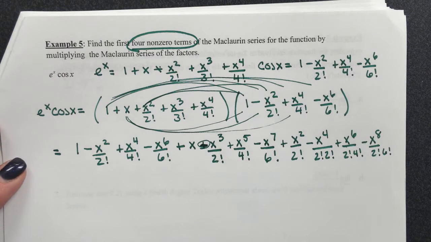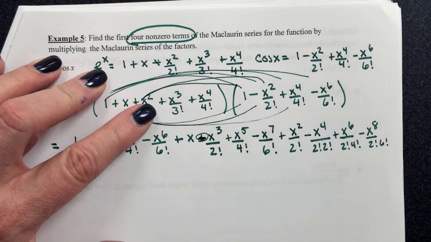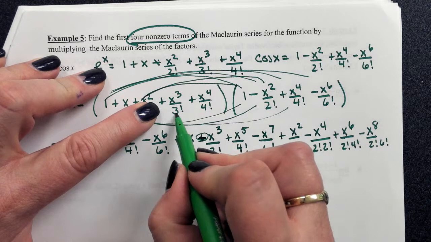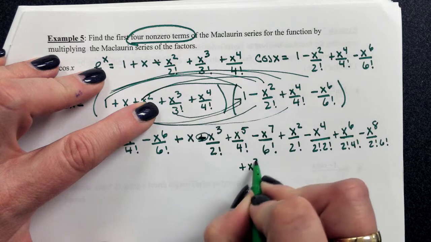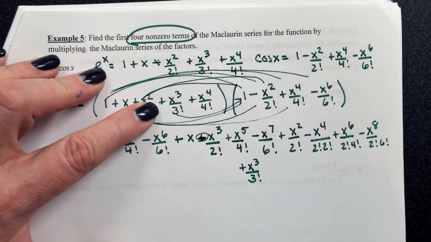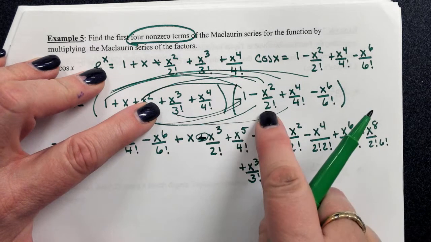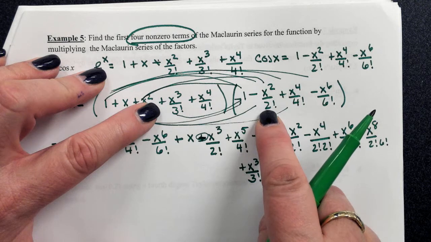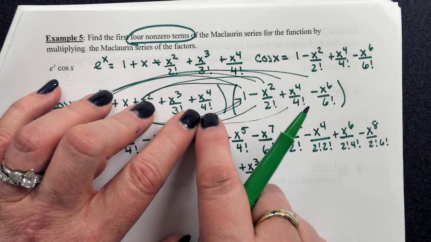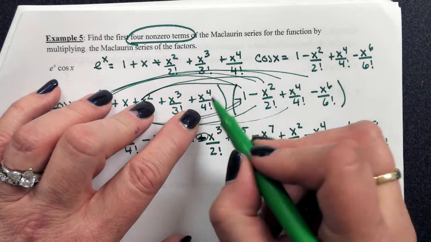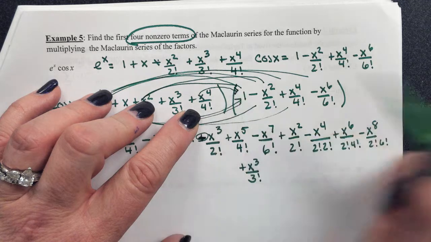So now my next term is going to be the x to the third over 3 factorial. I just needed to worry about distributing it. Do I really need to worry about taking it out any larger than that x to the fourth power? No. But don't forget, you do have this last and final x to the fourth over 4 factorial that you do have to multiply by 1.